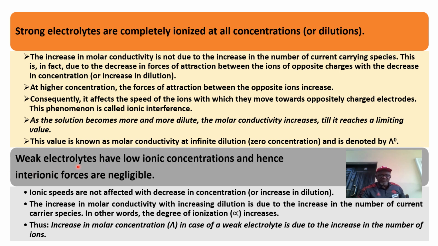Now for weak electrolytes, ionic speeds are not affected by decrease in concentration. The increase in molar conductivity with increasing dilution is because the degree of ionization increases for weak electrolytes. So the increase in molar conductivity in the case of a weak electrolyte is different from that of a strong electrolyte.